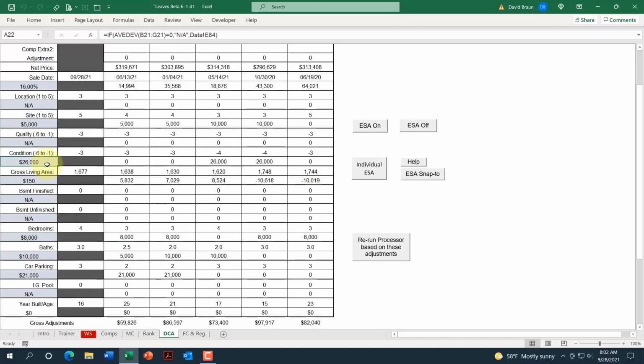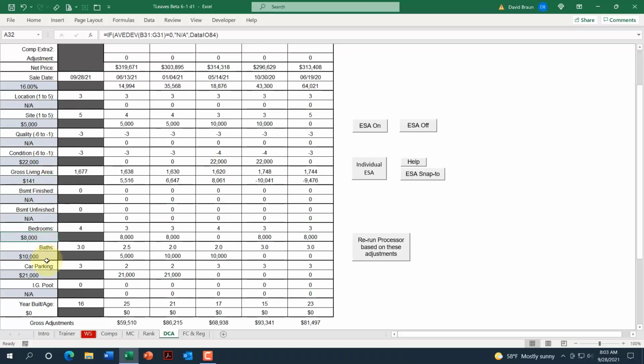Now, you would just change it to what you think. So maybe I would put 22,000, just lower it a little bit. Let's say 22,000. Now, I don't like to touch the gross living area rate until last, because it's linked and it changes, and as we change these others, it changes automatically.